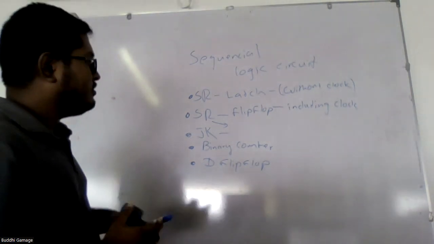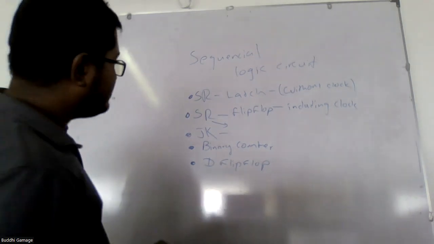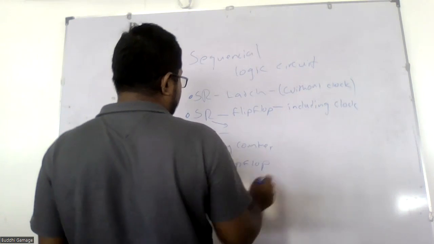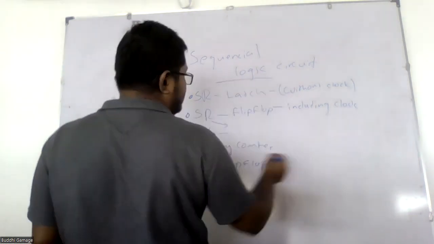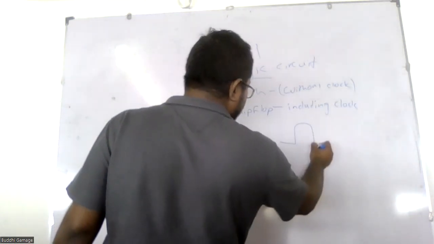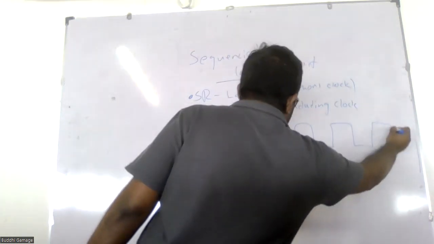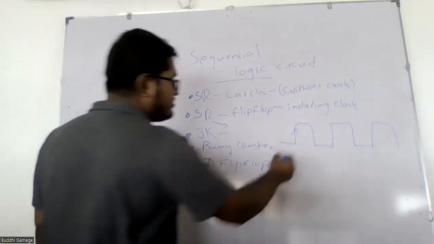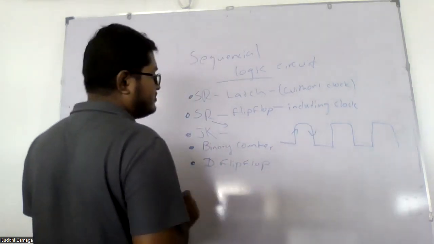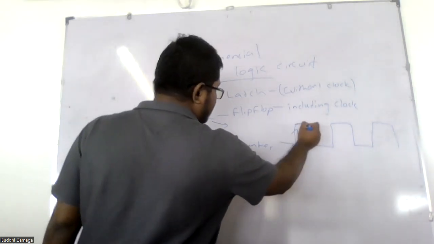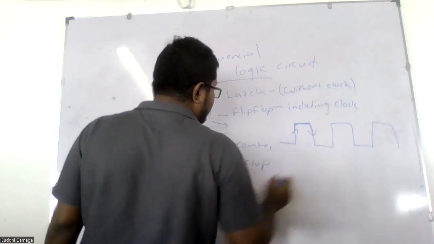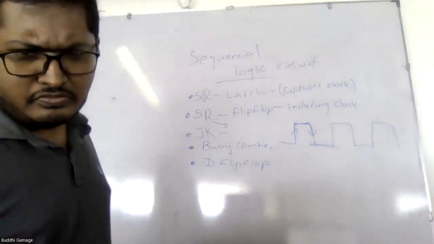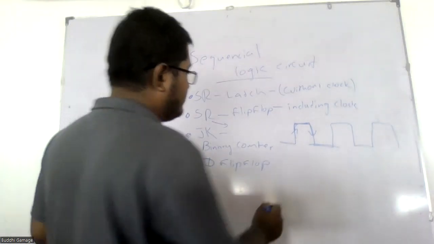So one major thing is that when you are creating such a sequential circuit, you need this clock signal. I explained this last week as well. This is the rising edge, this is the falling edge, and this indicates the high amplitude of the signal. This is the low amplitude.